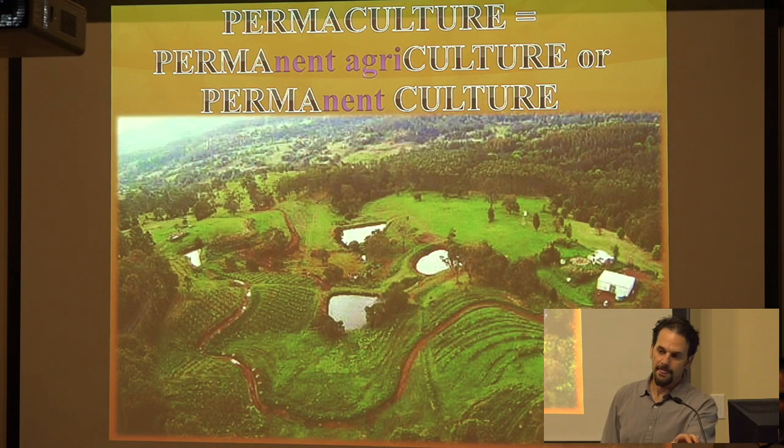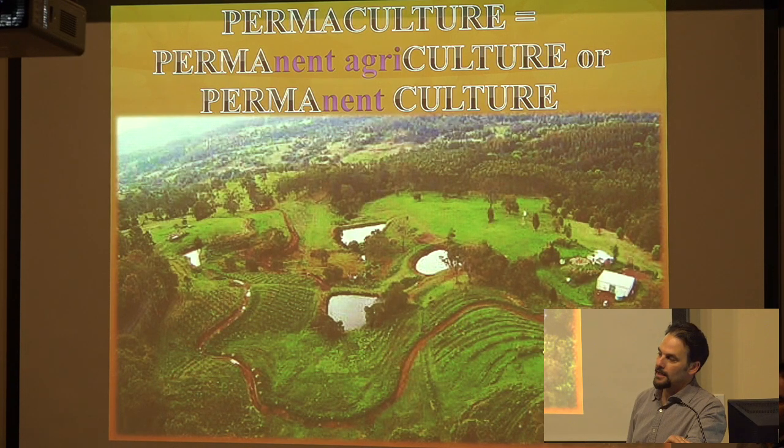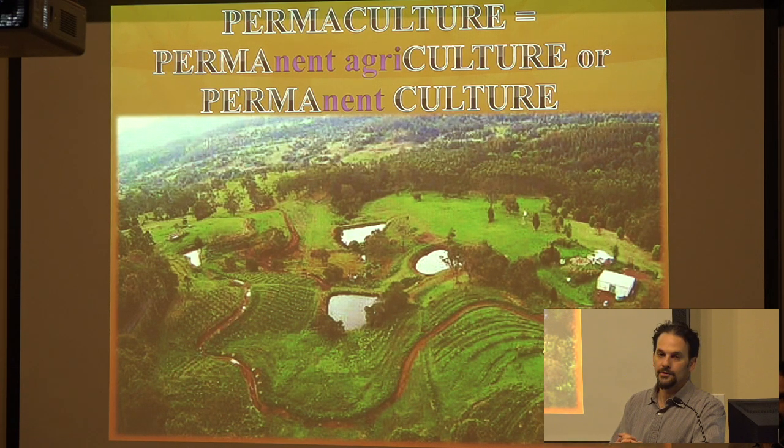So first off, permaculture began as permanent agriculture. Now, the founders of permaculture, who I'll get into here in a minute, during the environmental movement of the 1970s, became aware of the crisis of agriculture, the degradation of soils, depletion of water, destruction of habitat, and alteration of the climate from large-scale industrial agriculture.